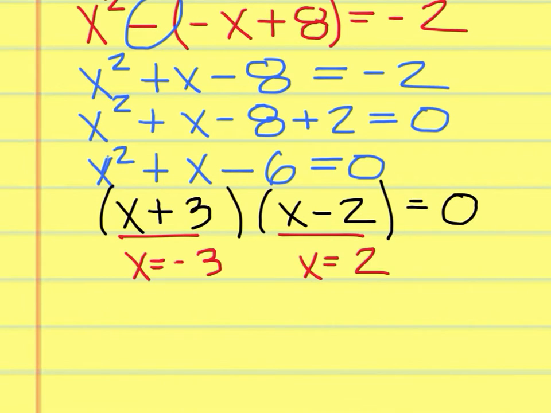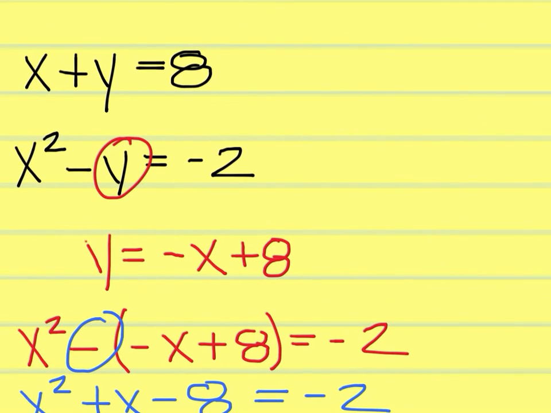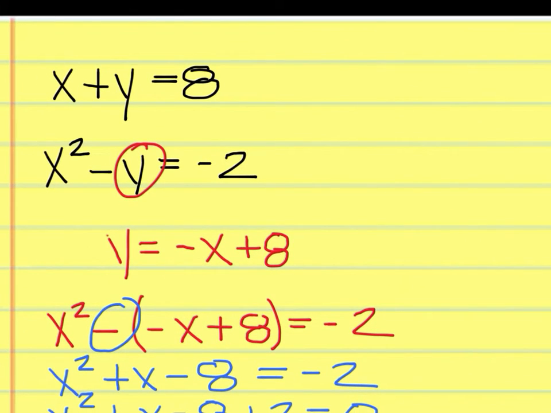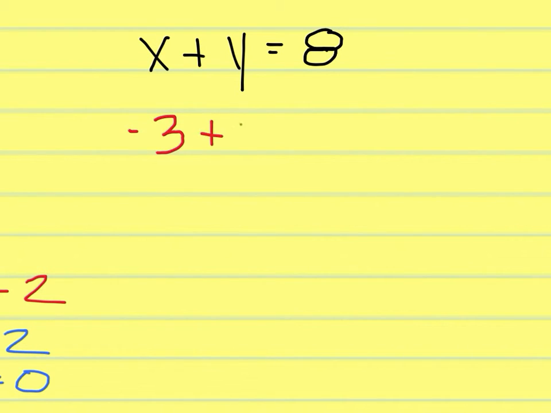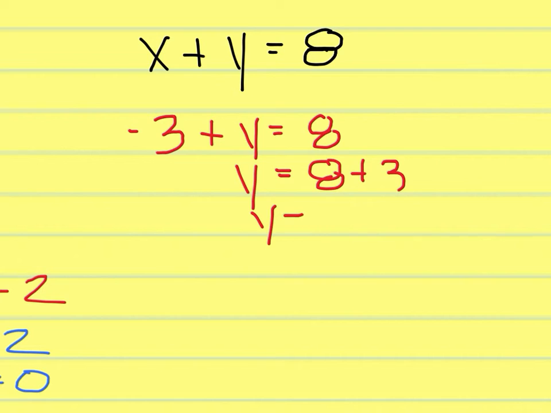So we have to go back up to the top with our negative 3 and 2 and use x plus y equals 8. Alright, so negative 3 goes in here, and we're going to have to move it to the right, make it positive. So that gives us an 11.